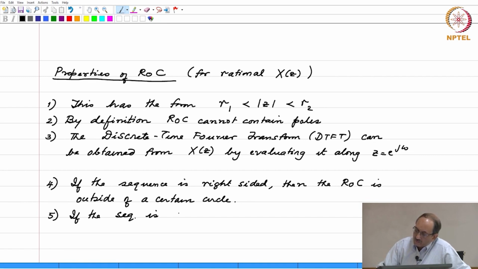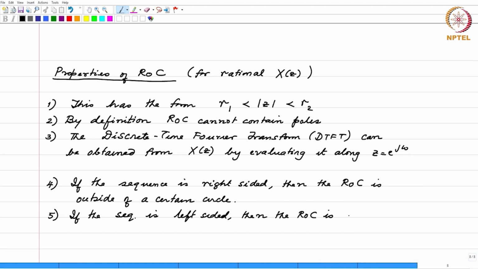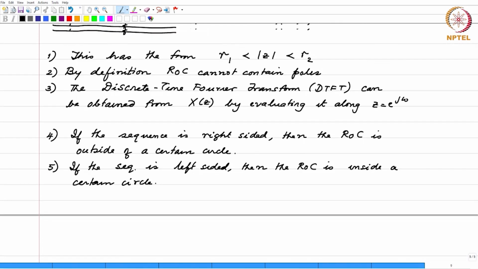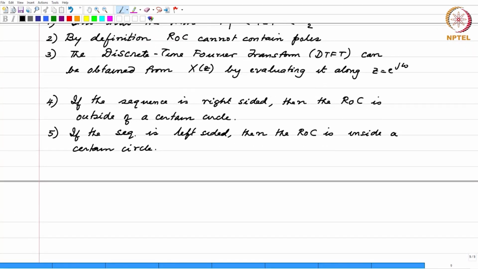If the sequence is left sided, then the RoC is inside a certain circle. So, if the function is left sided, the bilateral Laplace RoC was to the left of a certain vertical line.